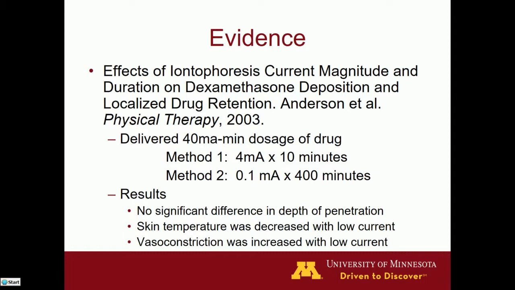And there was no significant difference in depth of penetration. Skin temperature was decreased with the low current, and vasoconstriction was increased in the low current, so the medication most likely stayed a little more local. But really there was no difference. So in terms of choosing using a clinic unit versus a home patch unit, both about the same based on this study.